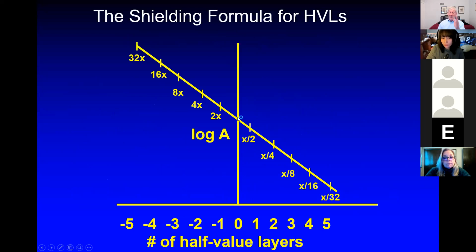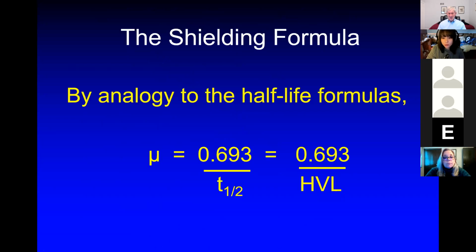As we add in half value layers, the first one cuts it in half. The second one cuts it to a 1/4, to an 1/8, to a 16th, to a 32nd. And as we take layers out, we're going to double it, and then quadruple it and octuple it, times 16, times 32. Now, I'm going to skip that.